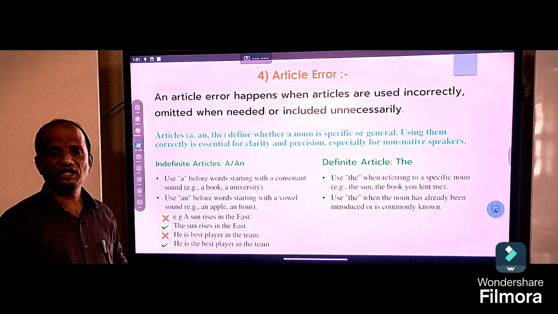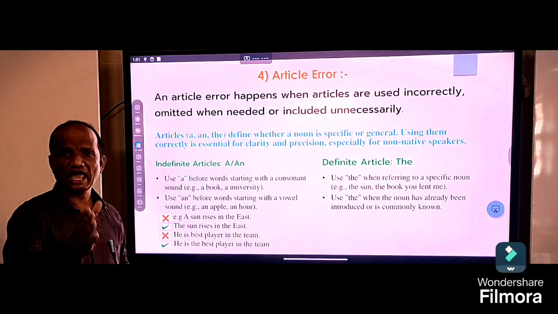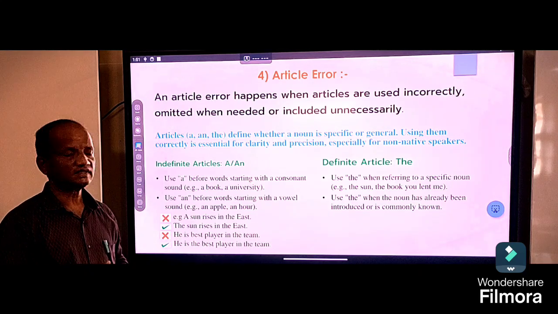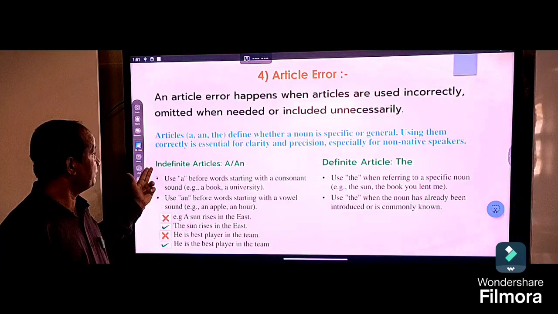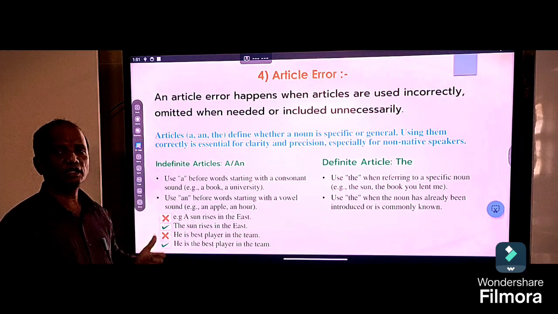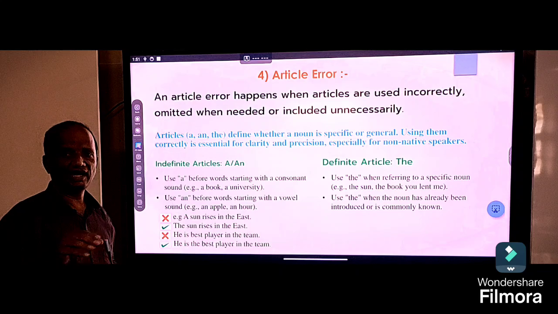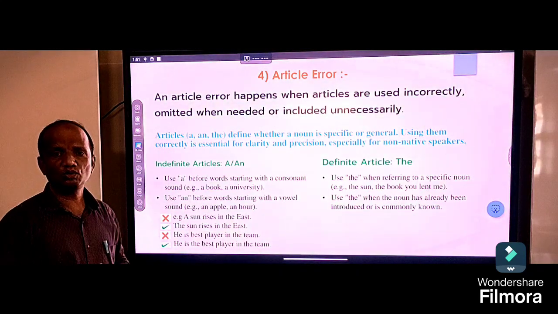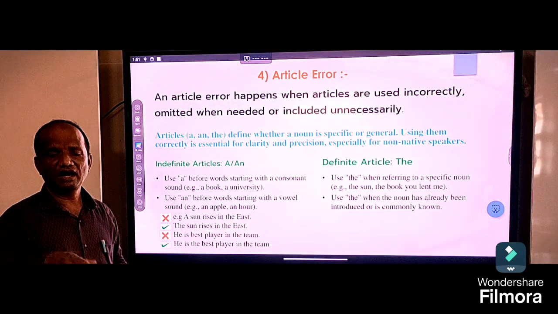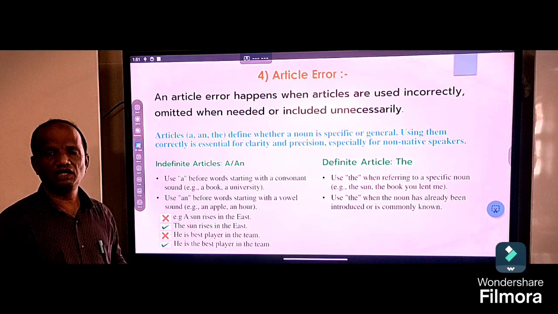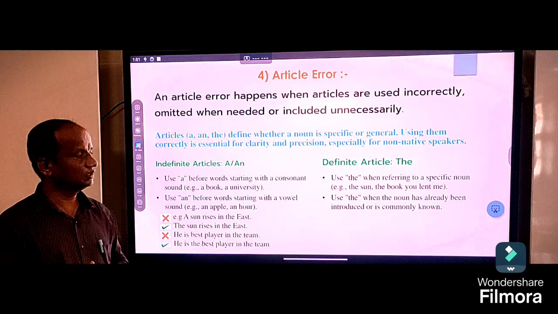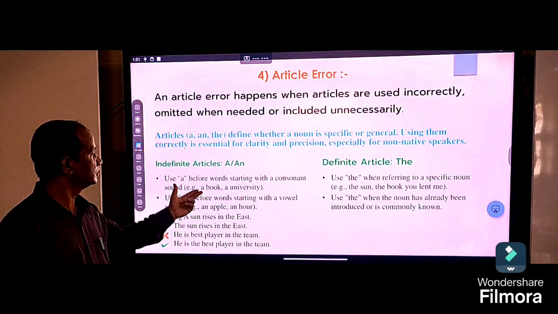In the English language, there are three articles, that is a, an, and the. We consider a and an indefinite articles, and the is the definite article. The article a is used before a countable singular noun that begins with a consonant sound and is pronounced as a consonant. For example, a book.